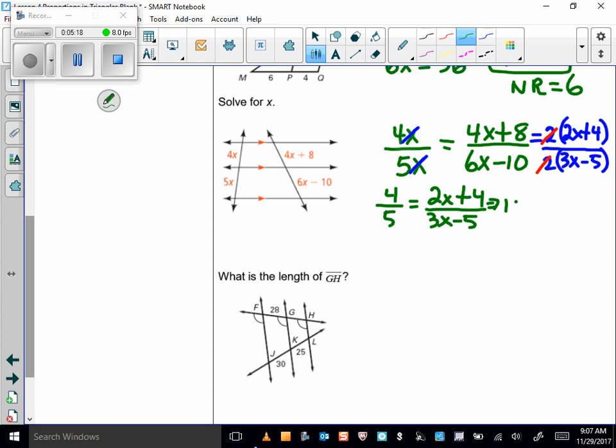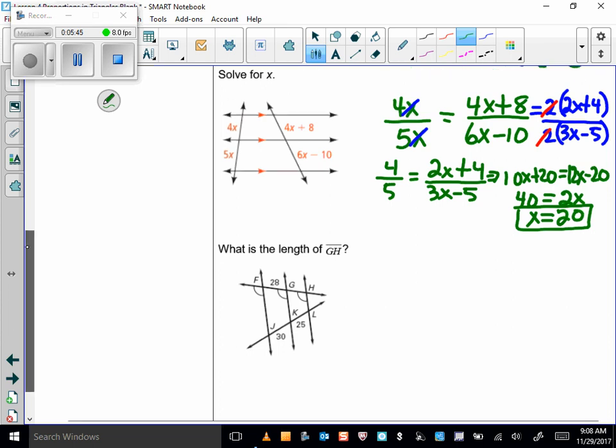And we'll get 10x plus 20 equals 12x minus 20. Okay, and then let's simplify. I'm going to move my x's to the right, so I'll get 40 over here equals 2x, so x equals 20. And that's all they asked me for. Didn't ask me to find the lengths of those segments, but of course I could.